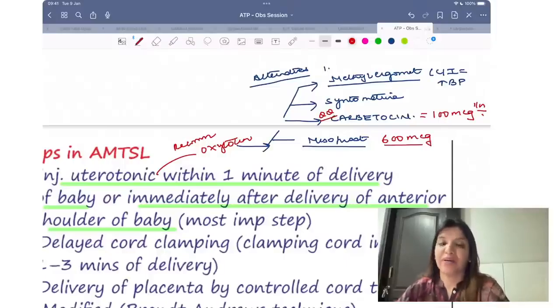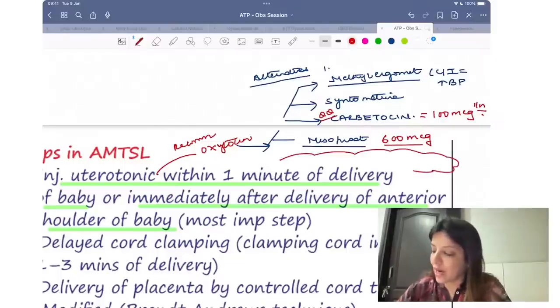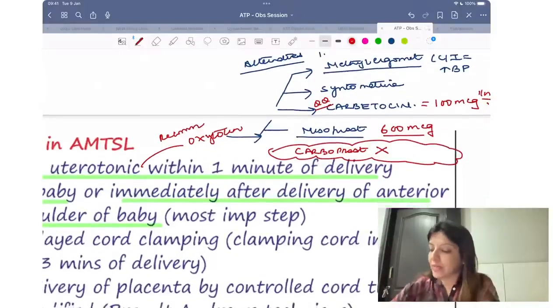Yes. Now, so many of you were saying carboprost. Please remember, carboprost is not used in management of AMTSL. Carboprost is a drug which is reserved for management of PPH. Please do not say carboprost.